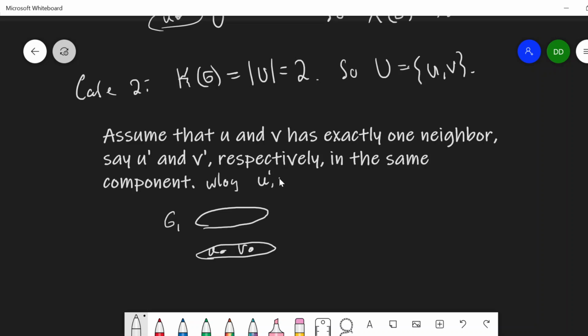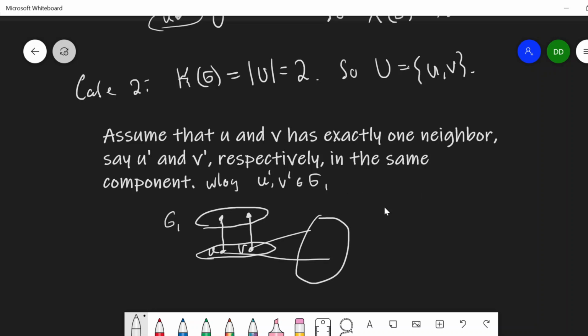U prime, V prime is in G1. And so they're each adjacent to their exactly one neighbor in G1, and then we have maybe the rest of the graph over here, and they have their two neighbors over there. And in particular, they could be adjacent to each other, so I don't want to draw all these, but they have at least those neighbors over there.